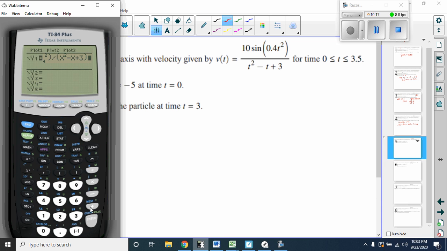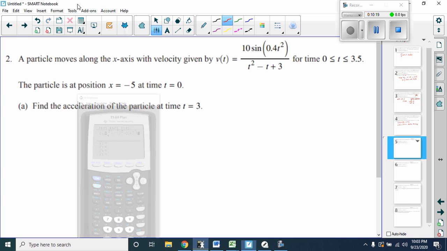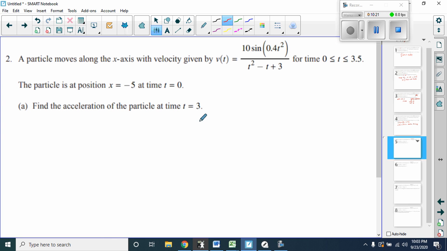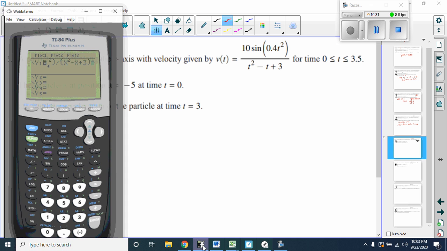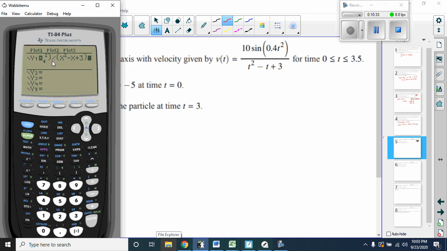So the first part of the question, part A, is asking for the particle's acceleration at time 3. So acceleration is the rate at which velocity is changing. It is the derivative of velocity. So we want the derivative of this function at time 3.